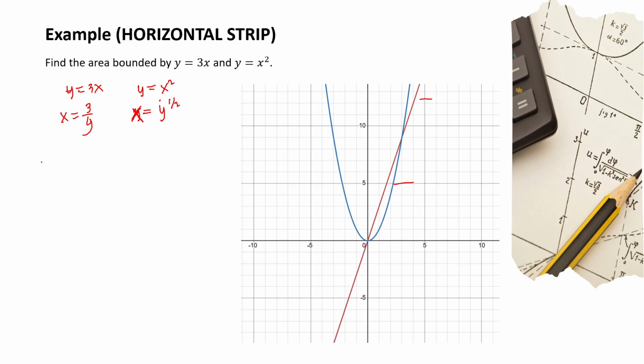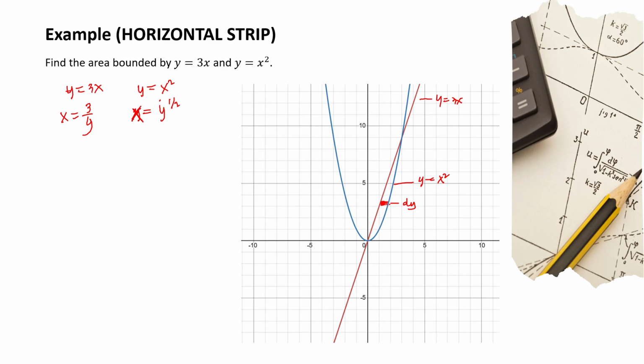So we need to get the area by horizontal strips. Here is the horizontal strip, where one function is x squared and the other is y equals 3x. This is our dy, the change.